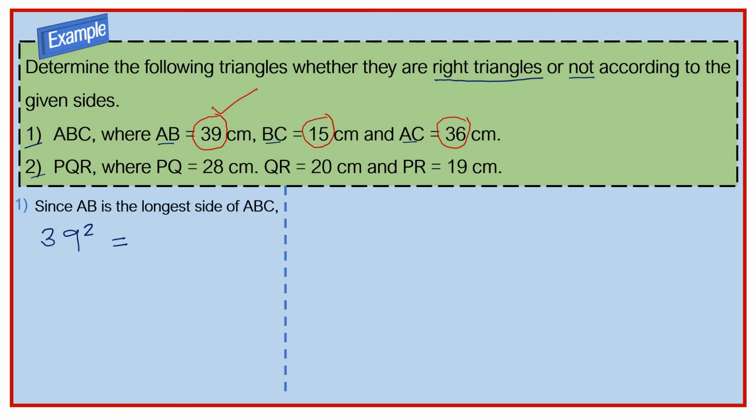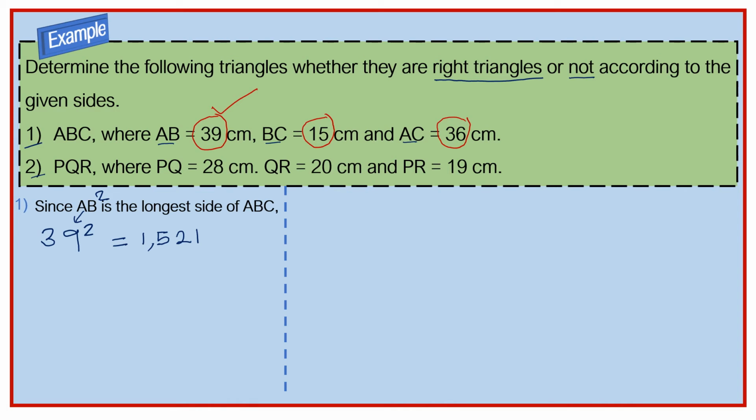What does it give us? 39 squared gives us 1521. Okay? This is AB squared.